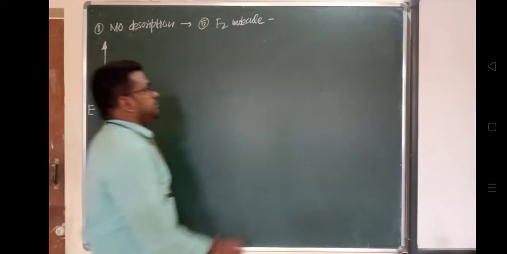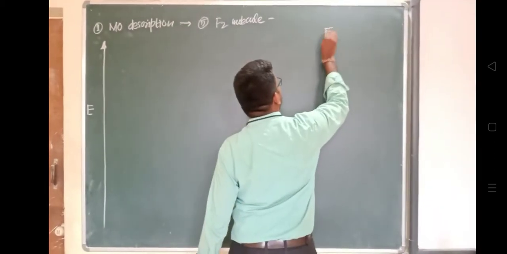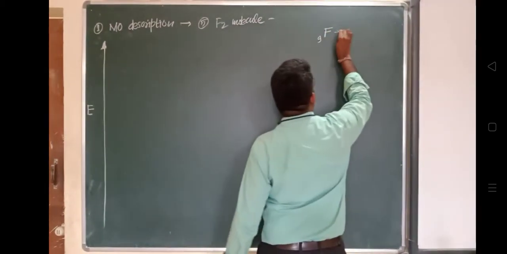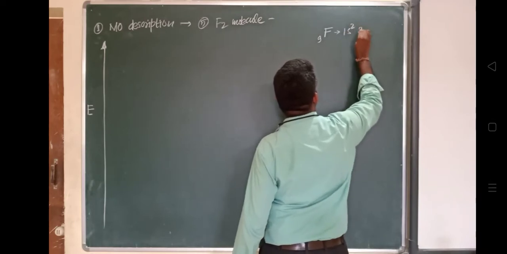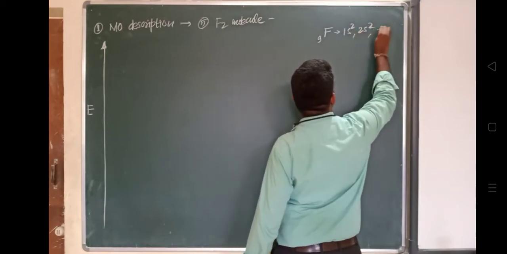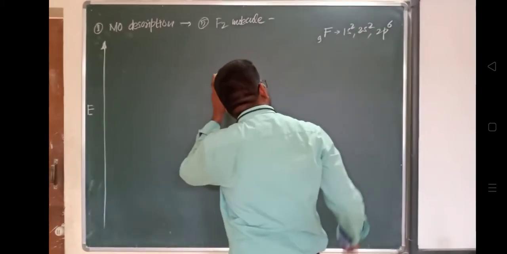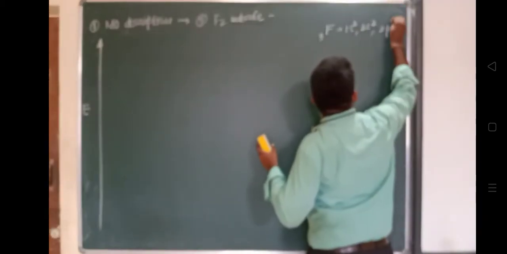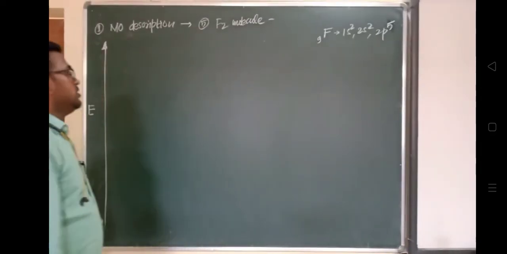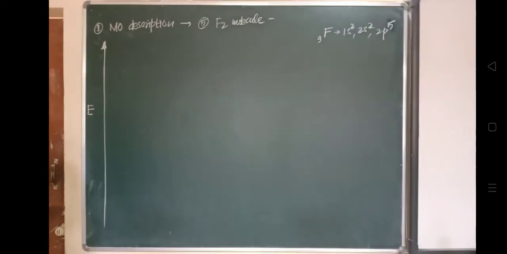If we check this fluorine atom, the atomic number is 9 and its electronic configuration is 1s2, 2s2, 2p5. 5 plus 4, the total atomic number will be 9. So now we will see the molecular orbital description for the fluorine molecule, the F2 molecule.